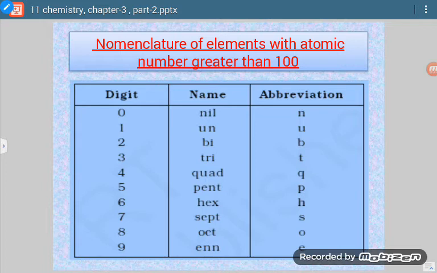Now see, there are some prefixes given for those numbers.